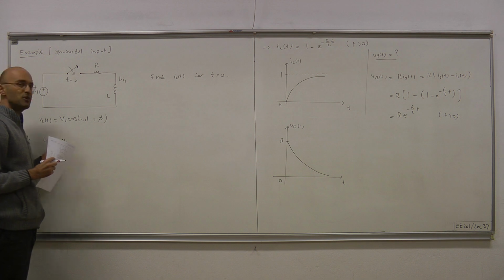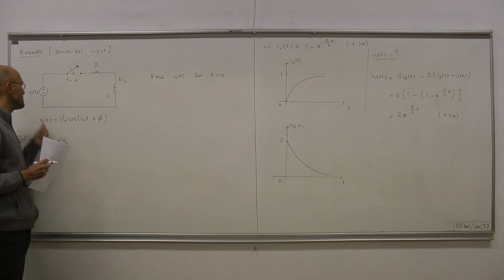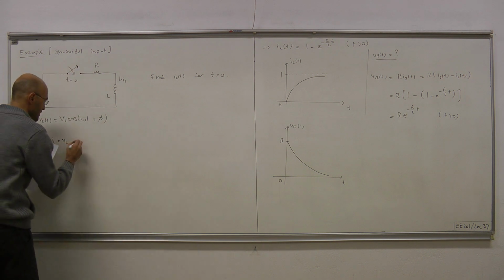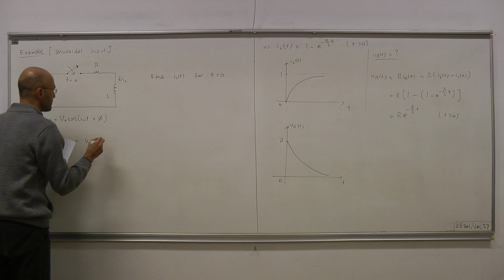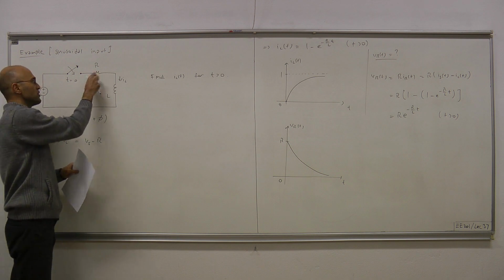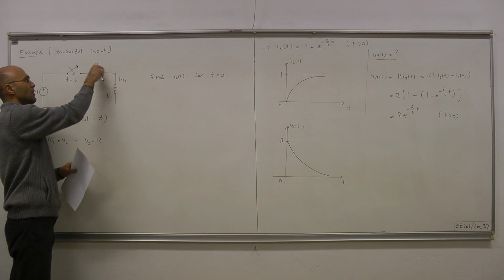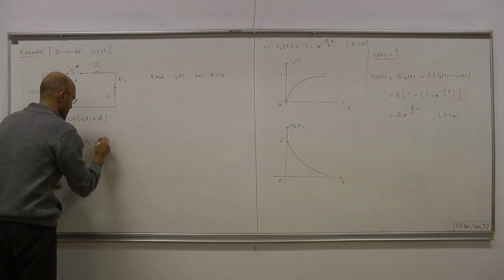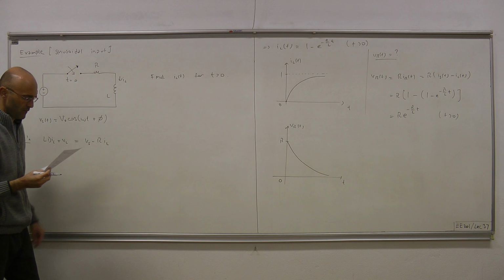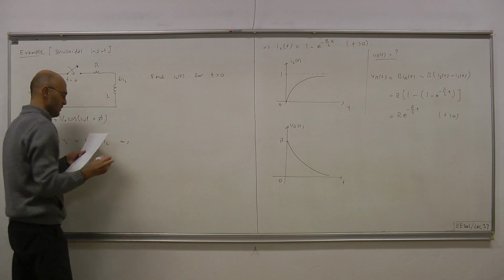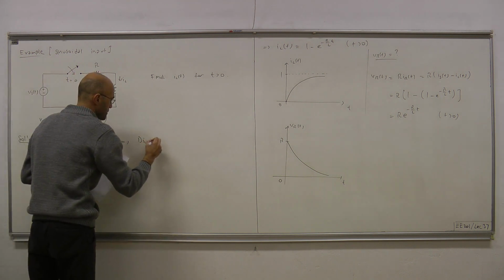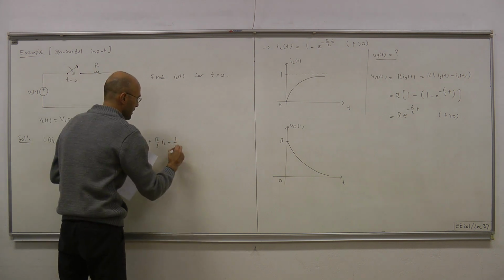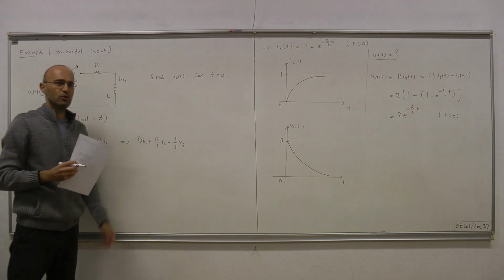Therefore, we want to express everything in terms of the formulation variable and the non-zero input Vs. So VL is Vs minus this voltage, which is R times IR, and IR is IL, therefore this is R times IL. From which immediately follows dIL/dt plus R over L IL equals 1 over L times the input Vs.